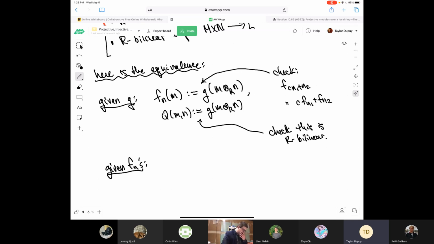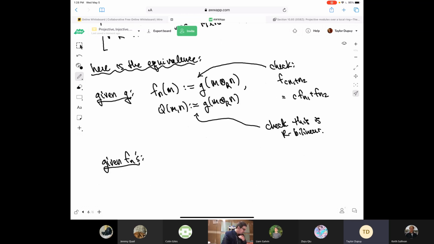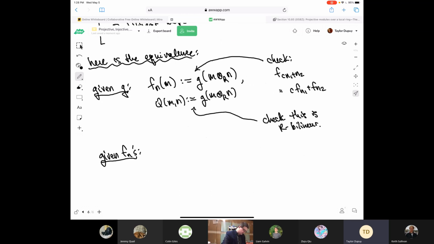And okay, so now I'm going to show you, given the Fn's, how do I produce a G? So G of, well, M, let's just do a single linear combination here. So c M1 tensor N1 plus M2 tensor N2.